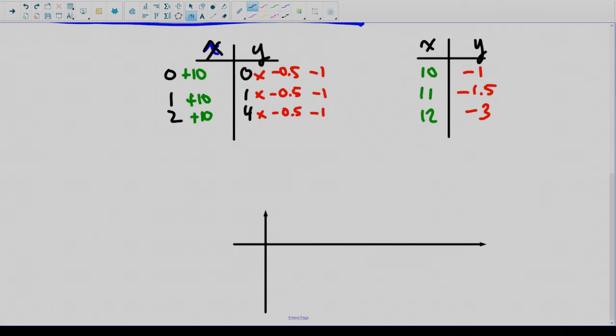So let's put our scale now. If you had graph paper or Desmos, that would be a lot easier. But let's say that 5 is here, 10 is here for my x value of 10. That means 11 and 12 are going to be here, right? We also have to go negative 1, negative 2, negative 3.